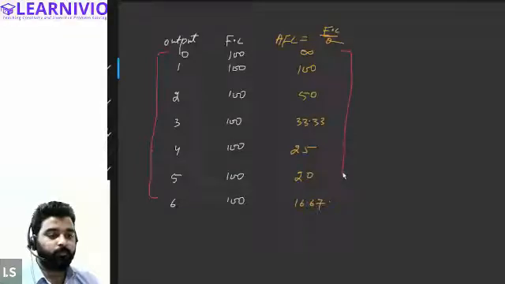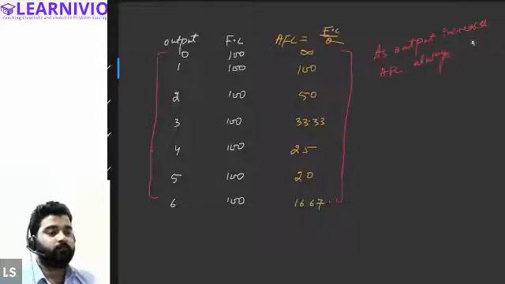It is going down. That means as output increases, average fixed cost always declines. Right? Is this clear, all of you?